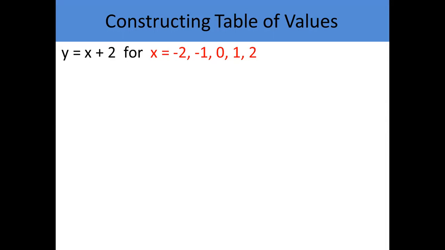These are also what we call ordered pairs. Given the value of x, what is the value of y? We put it in a table so that it will help us to graph the corresponding values of the equation.